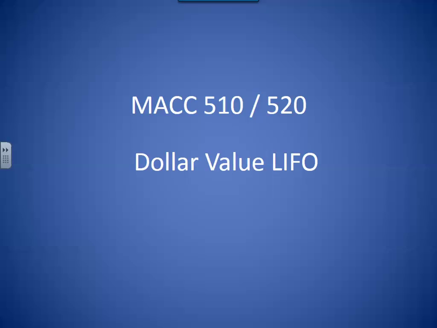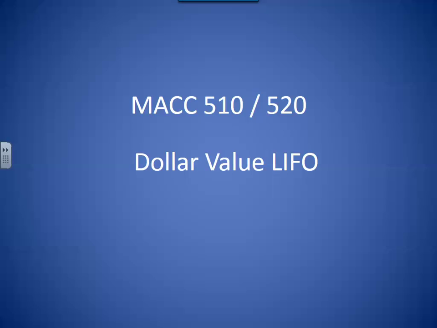For example, in our previous discussions regarding perpetual inventory and LIFO valuation, we've assumed LIFO was applied to specific units of inventory with specific costs. Therefore, the layers are the units, and the layers and the cost are pretty easy to identify.